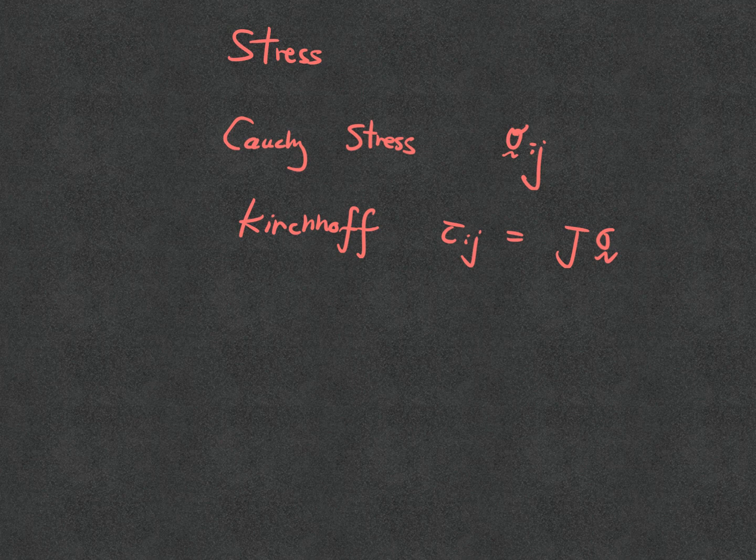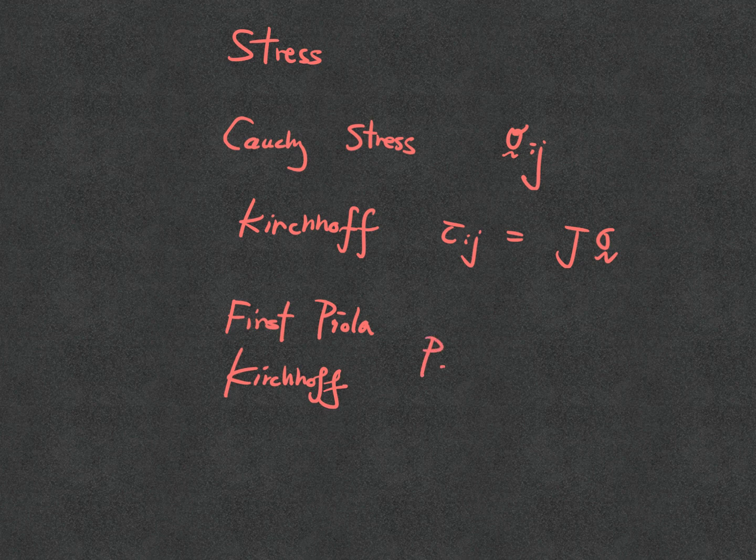Then there's also another stress called the first Piola-Kirchhoff stress. The first Piola-Kirchhoff stress is a two-point tensor like F, with one index in the current and one in the reference configuration, and it is related to the Kirchhoff stress, but multiplied by F to the minus T. Okay, so why is that?